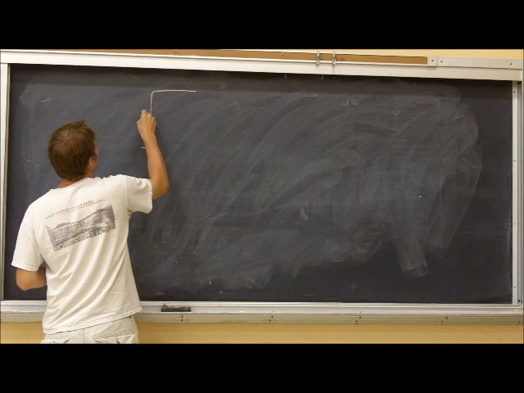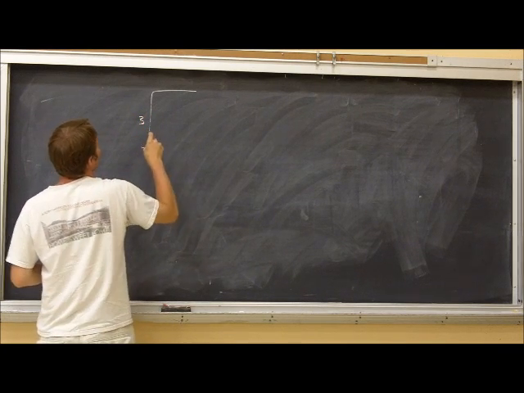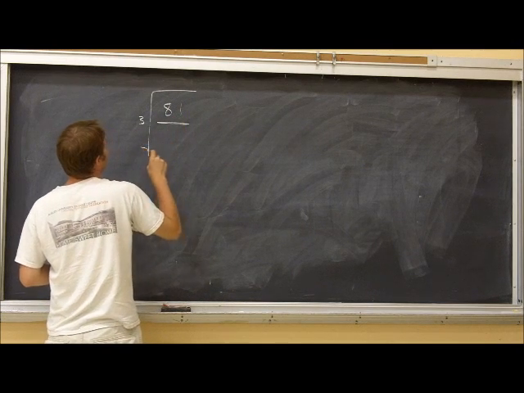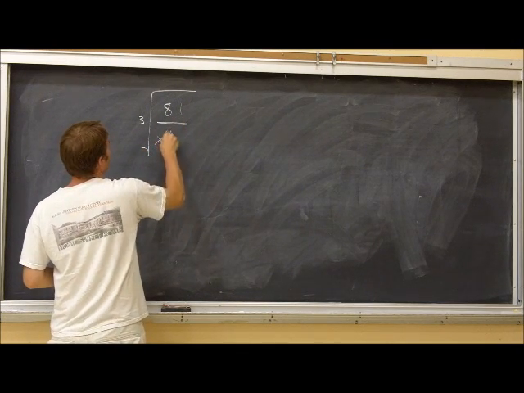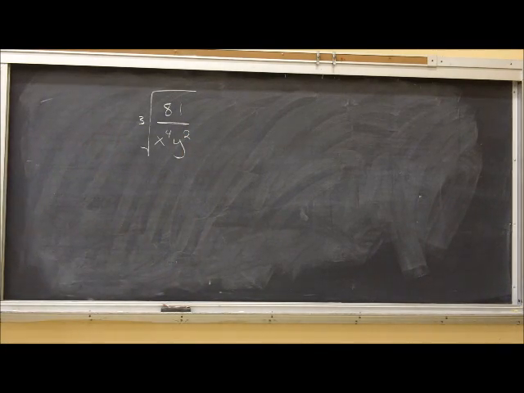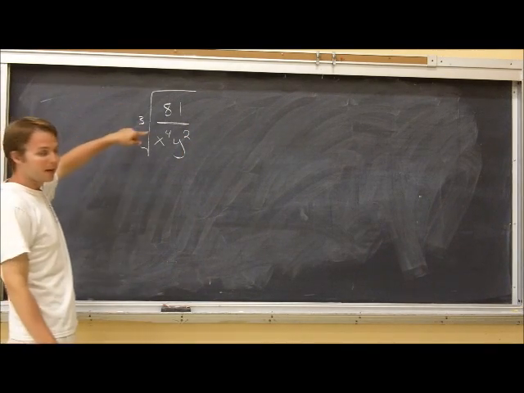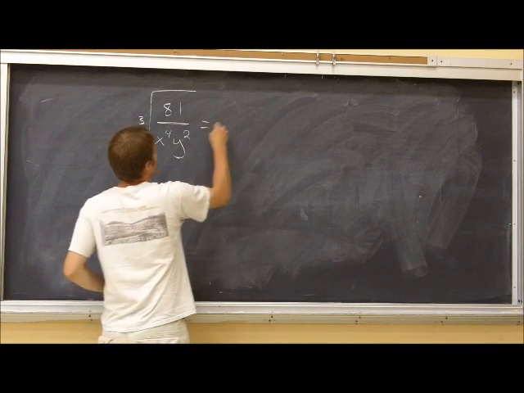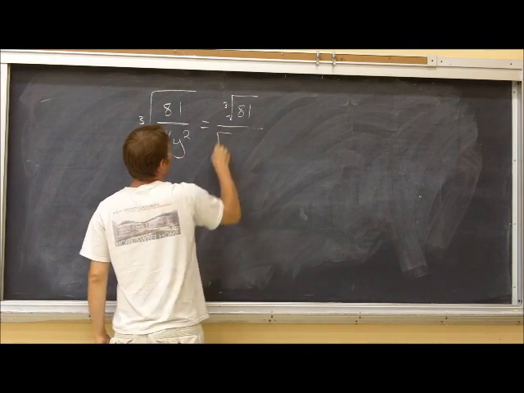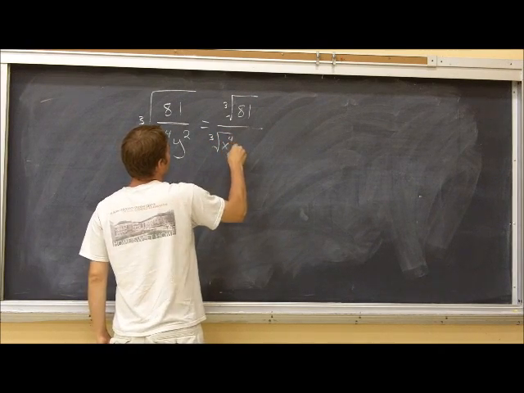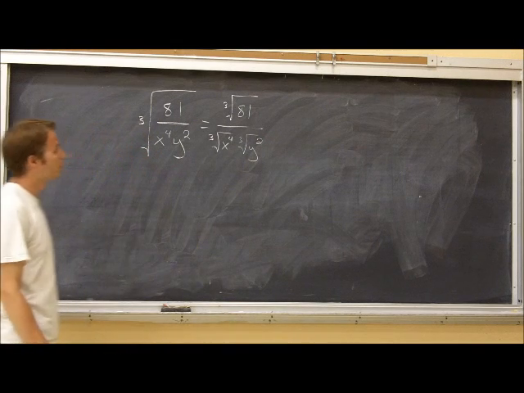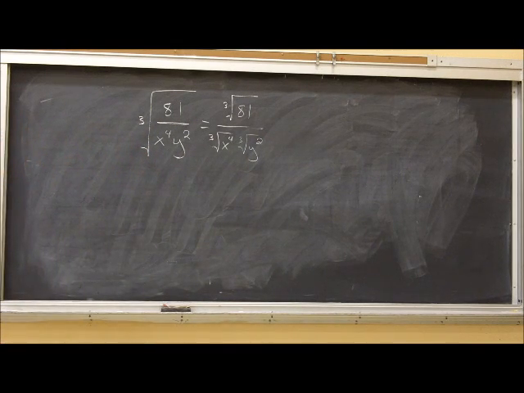So how about the cubed root of 81 over x to the fourth y squared? Now again, this is separated by division, so I can think of taking the cubed root of 81 over the cubed root of x to the fourth, and then the cubed root of y squared, each of these individually.